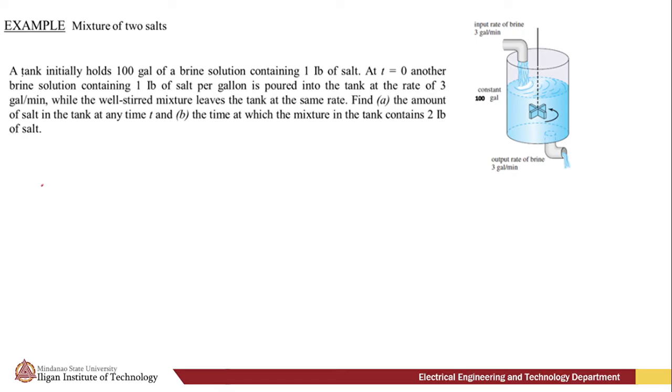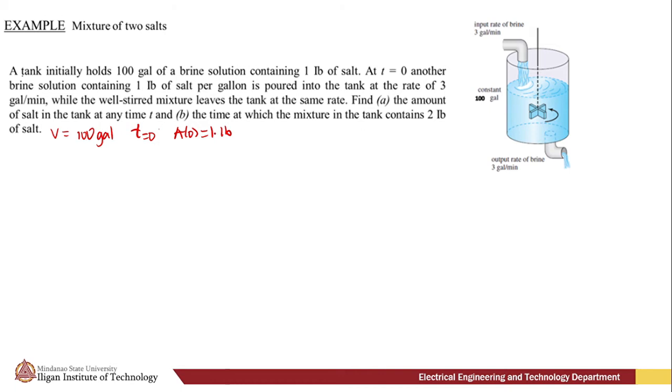So what we know here, based on the problem, is the volume of our tank is 100 gallons. Then, at time t equals 0, the amount of salt present in our mixture is equal to 1 pound of salt.